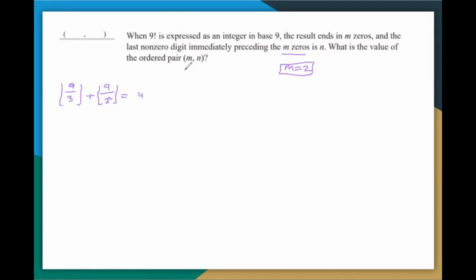The n is the first number right before those 2 zeros at the end. Now we are asking: if I take 9 factorial and divide by 9 squared, because you have 2 nines in that product, you will remove those zeros at the end, and then you just get the last digit. So I want to take 9 factorial, which is 9 times 8, 7, 6, 5, 4, 3, 2, and 1.